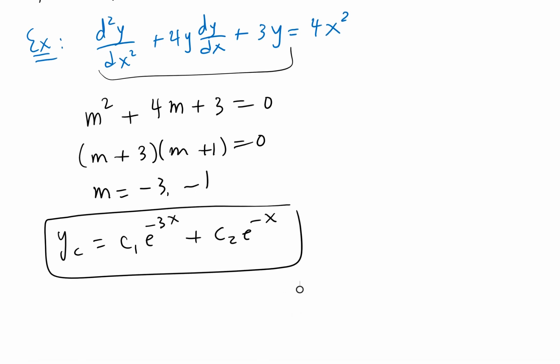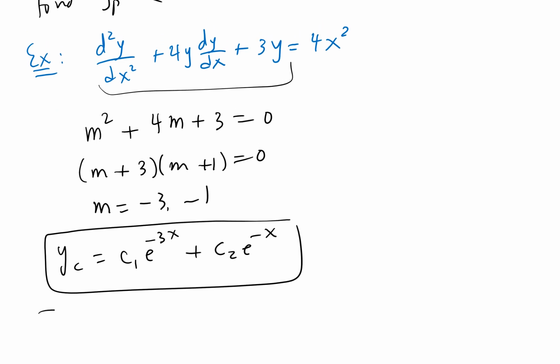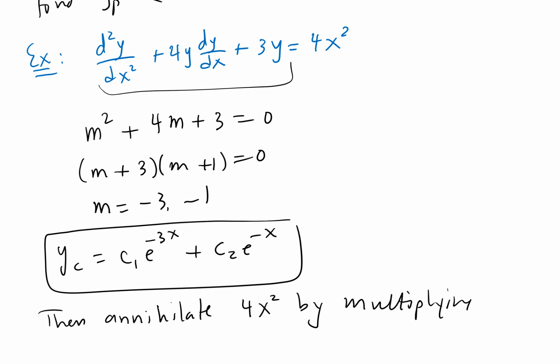Now, to use the annihilator to finish, we annihilate 4x squared by multiplying both sides by the same differential operator.